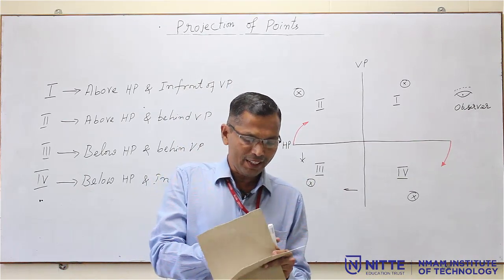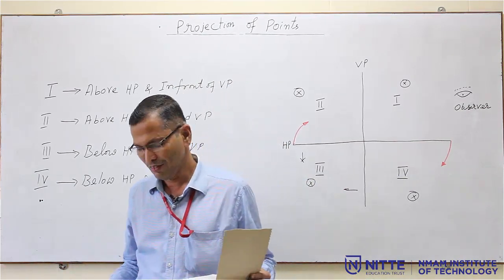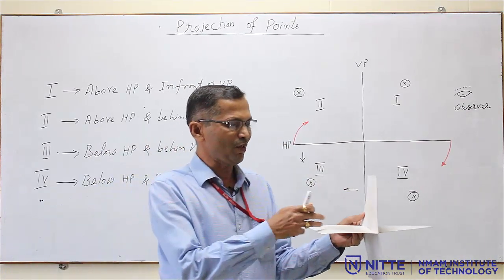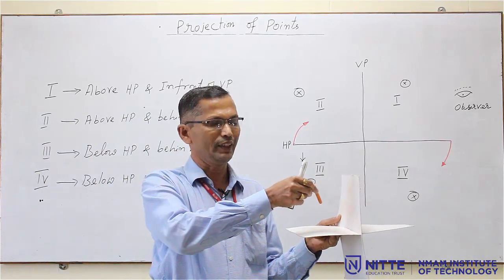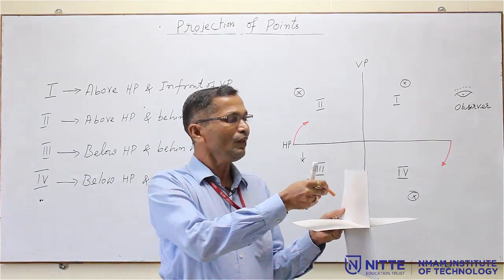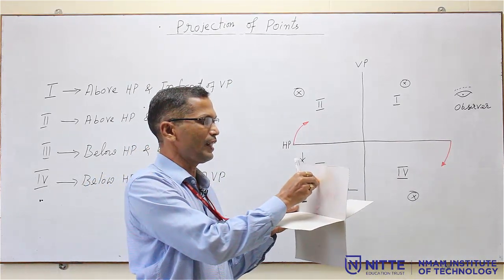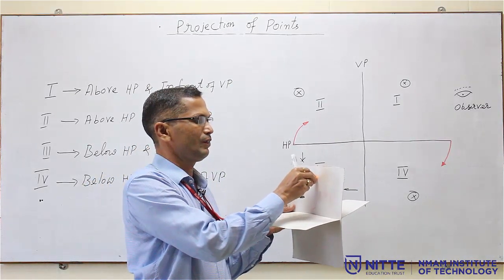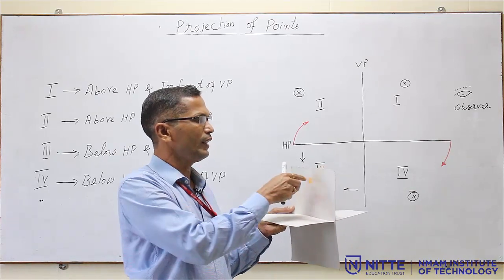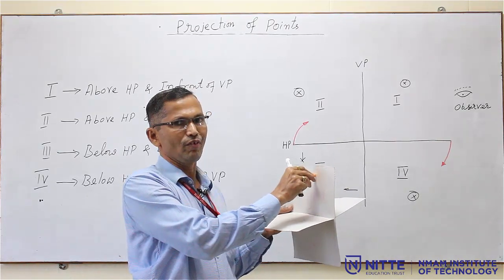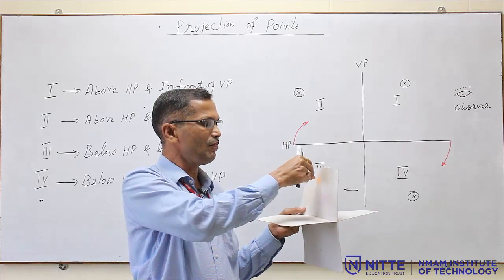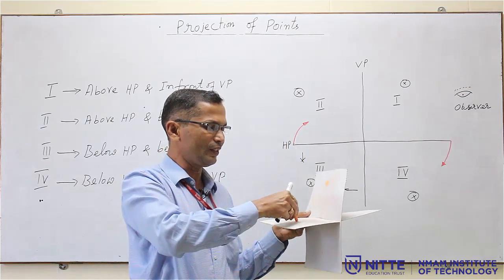Now, if a point is in the first quadrant, for example, if the point is here, this is in the first quadrant. Now, the image of this point on the vertical plane, you will get an image here like this. We call this the front view. Similarly, we will get one more image on the horizontal plane.